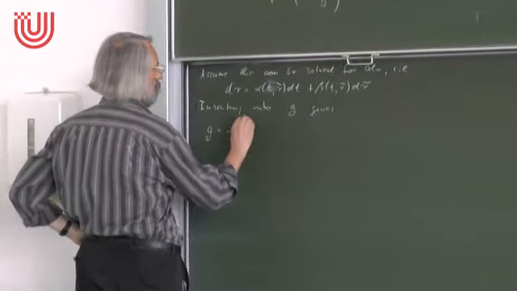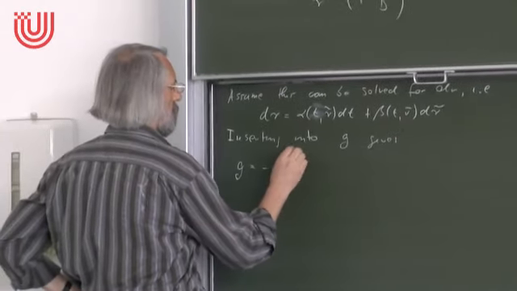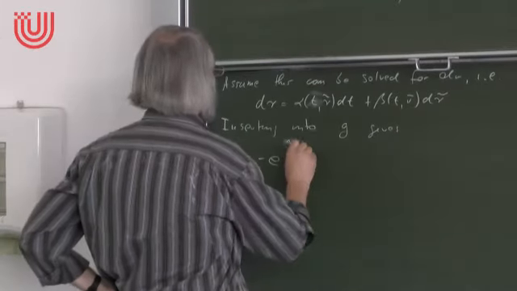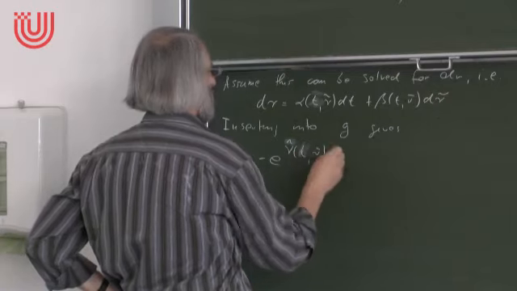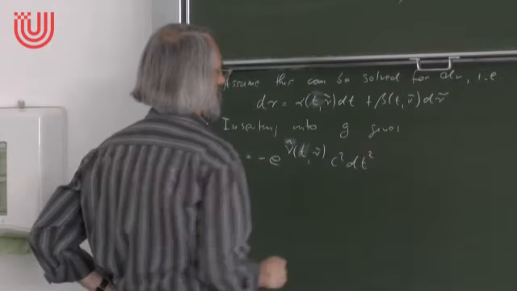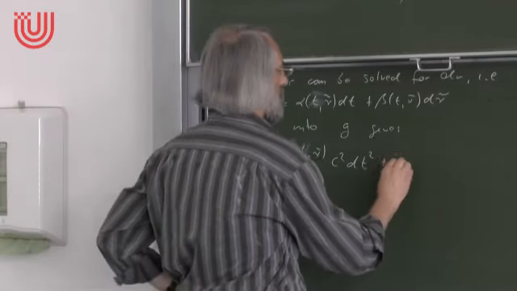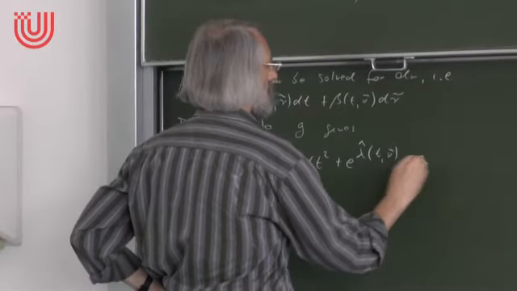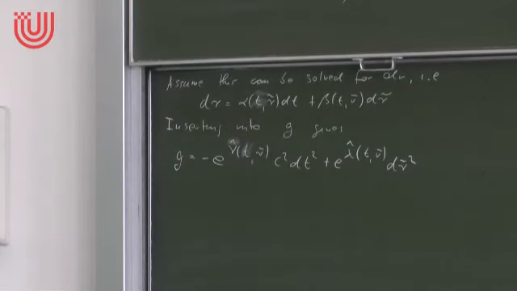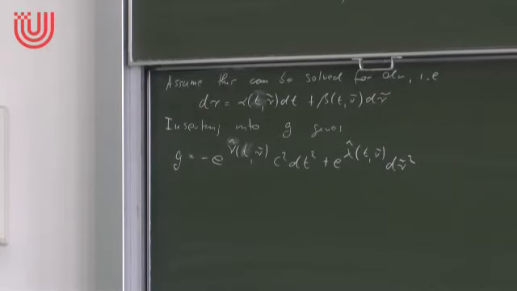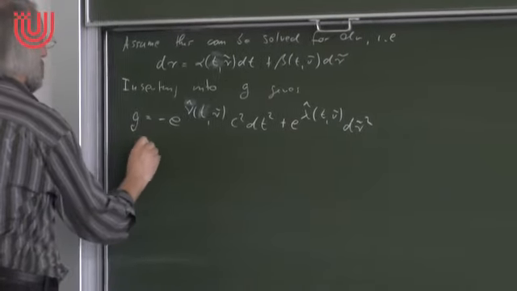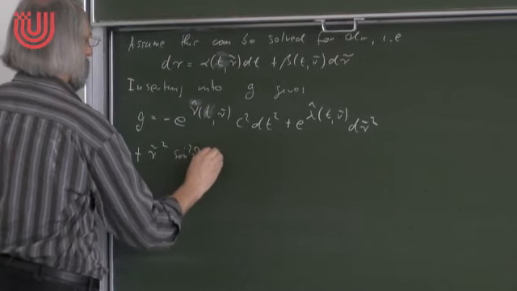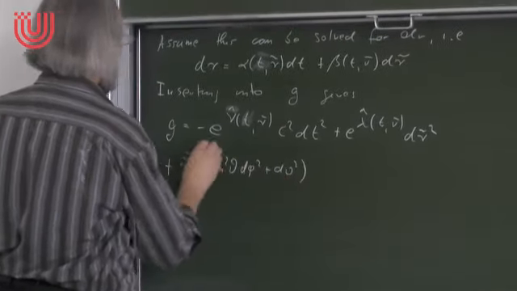I have new coefficients, so what I get is an expression of this form. I have here a new coefficient, say nu hat, of t and r tilde, c squared dt squared, plus now a lambda hat dr tilde squared. And this term has been transformed to r tilde squared. This was the whole idea, to make this term simpler, plus d theta squared.